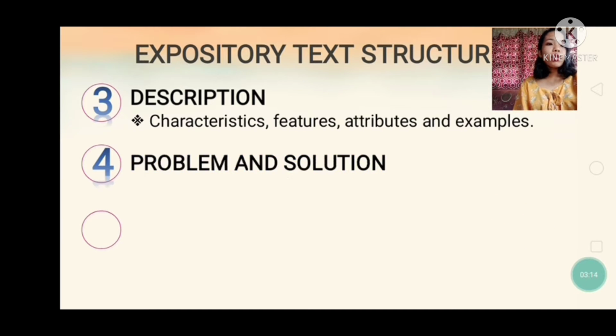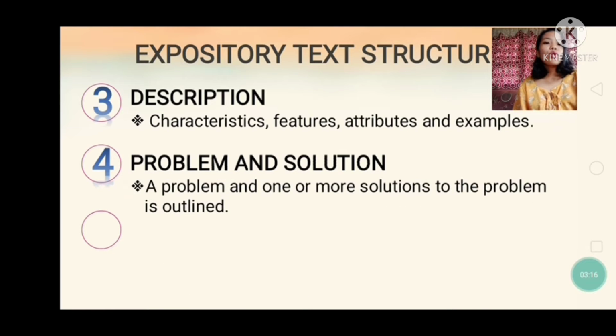Another is problem and solution. A problem and one or more solutions to the problem are outlined. At this point, students will identify what the problem was and find the solution, or identify two or more solutions to the problem as described in the chapter or section.